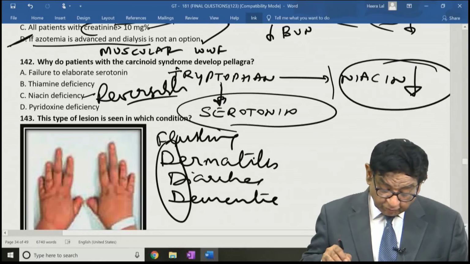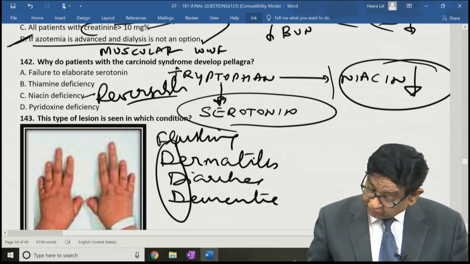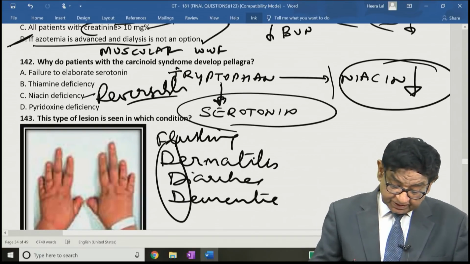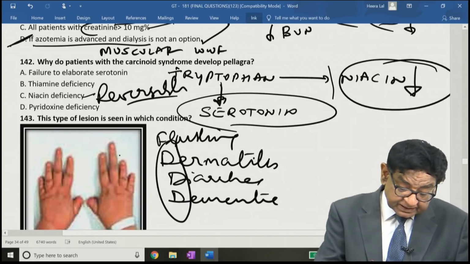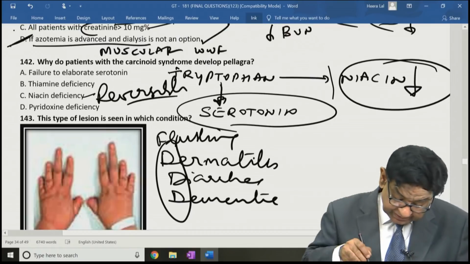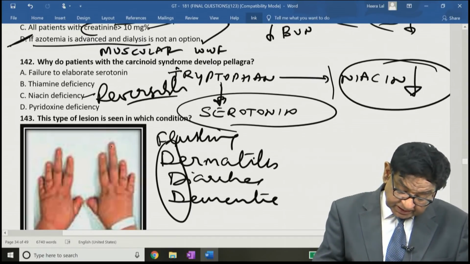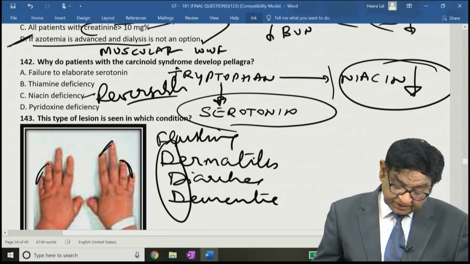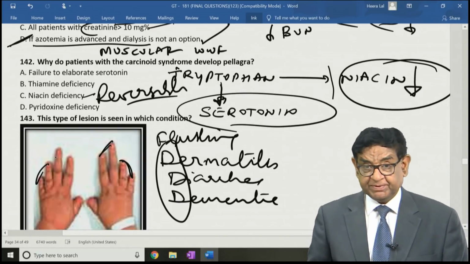Now we talk about question number 143. What lesion are we seeing? Well, if you look at this diagram, you can see in this picture that the 4th and 5th fingers are very short as compared to the others.